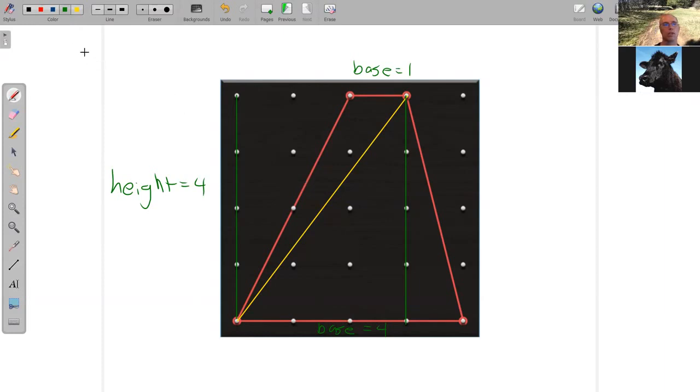So breaking it into two triangles, the trapezoid area is 1/2 times the base of 1 times the height of 4, plus the other triangle, 1/2 base of 4, height of 4. And like before, we have the common 1/2, and we have the common height in each of them.